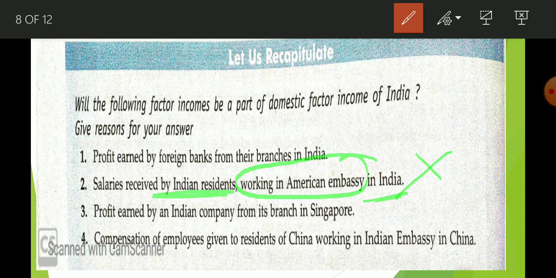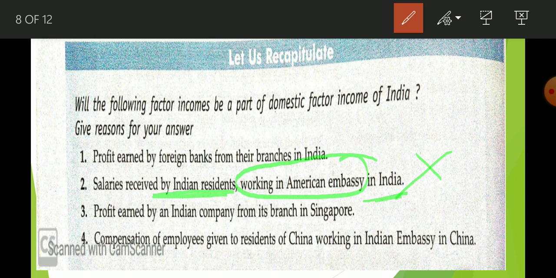Why not included? Because American embassies, all embassies of foreign countries, are not part of Indian domestic territory. Still they are located in India, but they are not part of our domestic territory.